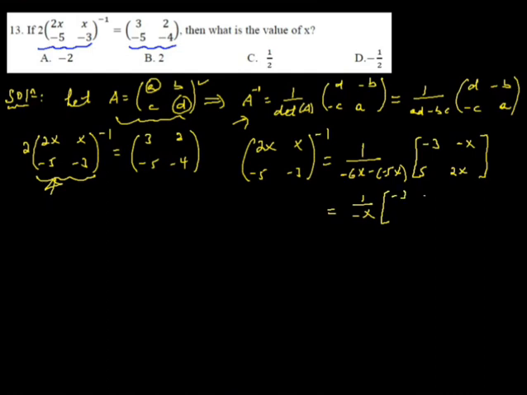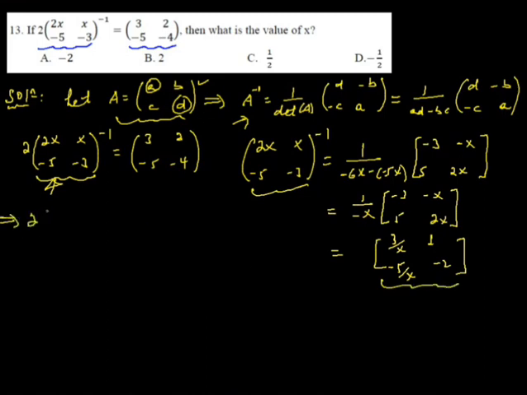times [-3, -x; 5, 2x]. Multiplying by 1 over minus x, the result becomes 3 over x here, 1 here, minus 5 over x here, and minus 2 here. This is the inverse, so we substitute this result.